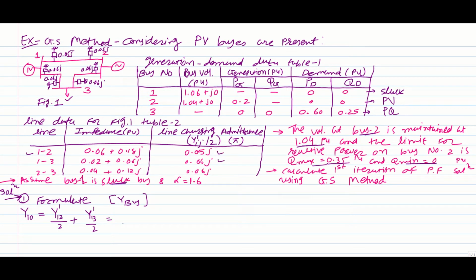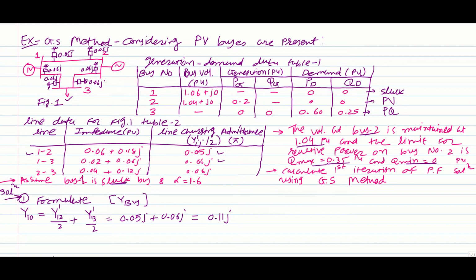So we can write y12 dash by 2 is 0.05, plus y13 dash by 2 is 0.06, okay. Clear?